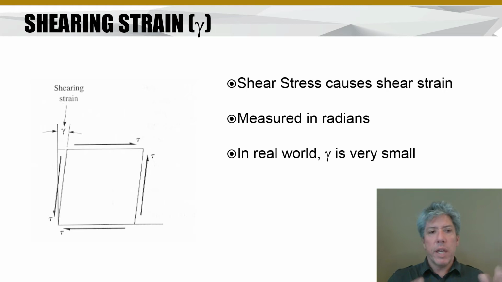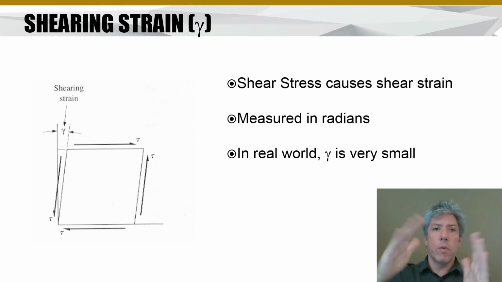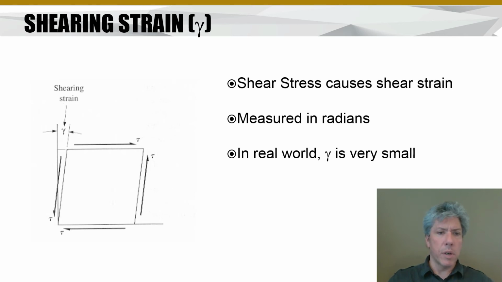But remember that in order to maintain equilibrium on this element, we end up with 4 stresses around the perimeter of the element. Those 4 stresses, it makes sense that they would cause the element to not just stretch in one direction, but to literally deform and go from a square to, I guess it's called, a parallelogram, right?